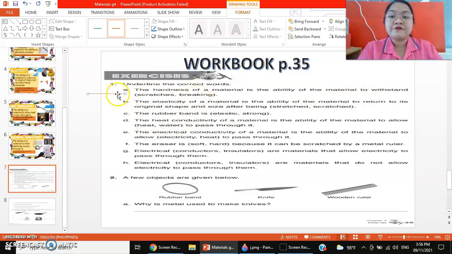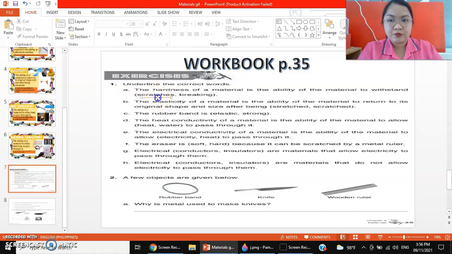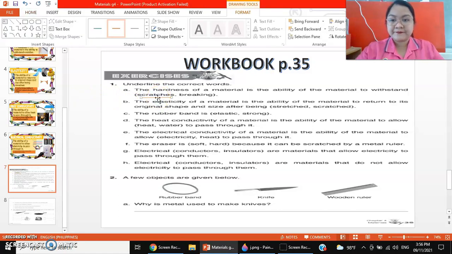5, 4, 3, 2, 1. The correct answer is, very good, scratches. One more time. Letter B. The elasticity of a material is the ability of the material to return to its original shape and size after being stretched or scratched.